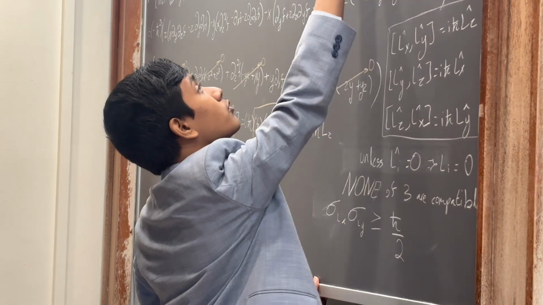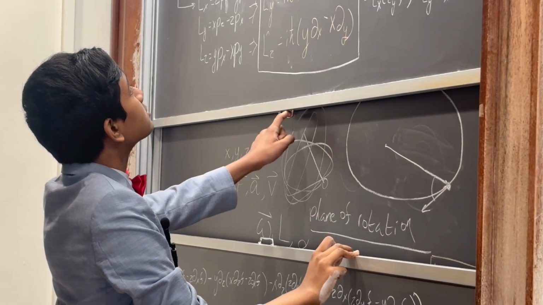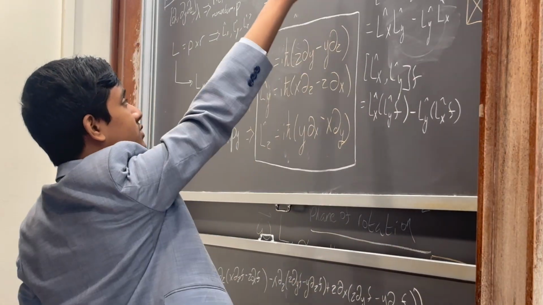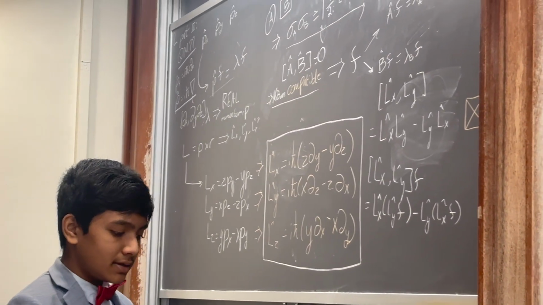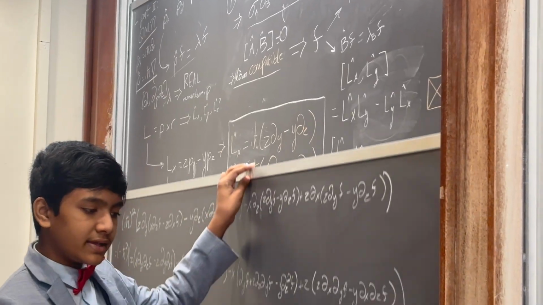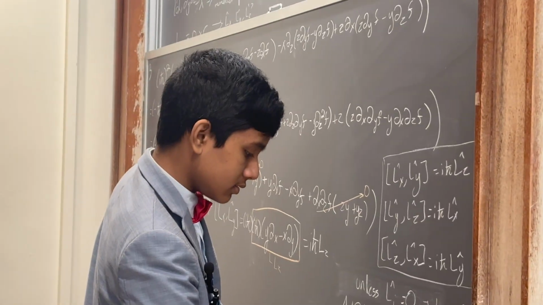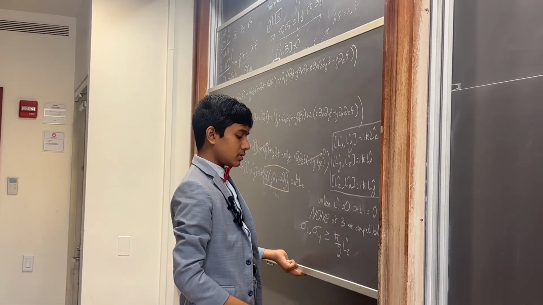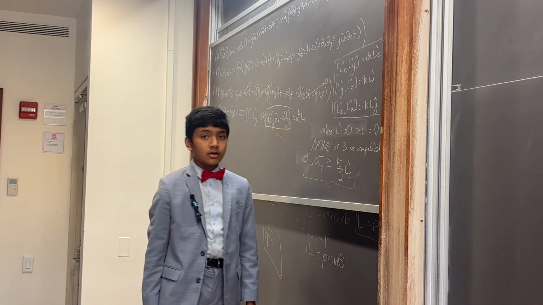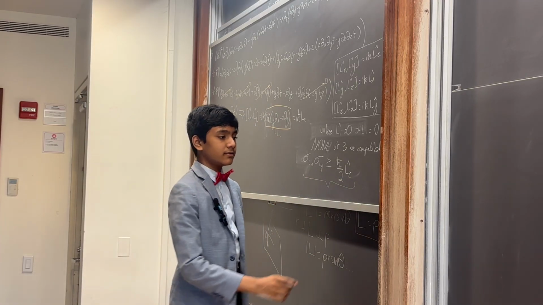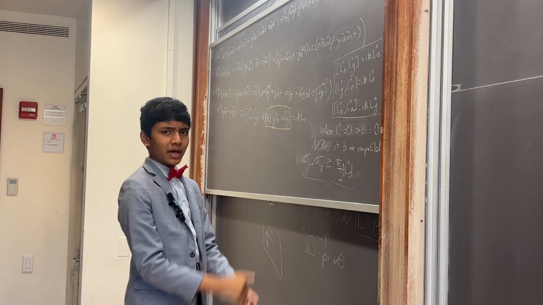Remember, the generalized uncertainty principle: it's 1 over 2i, the commutator of A and B. And of course, the commutator of A and B is i h bar Lz, oh, there should be an Lz here. Sorry. So we get something like this, which is unfortunately very, very sad. So we can't do anything about that.